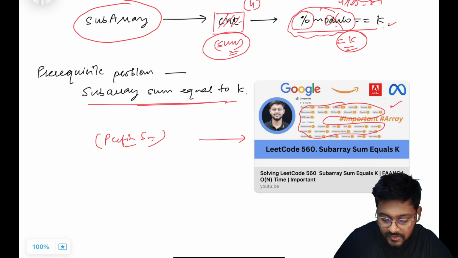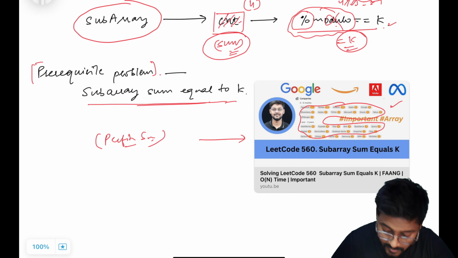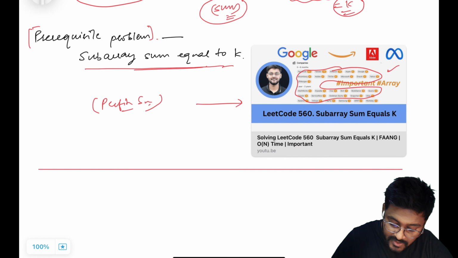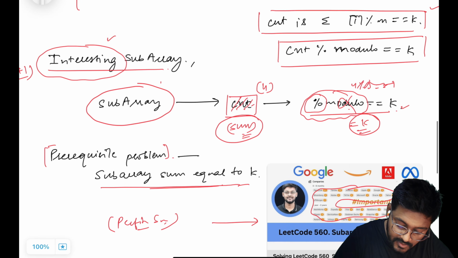I'm going to attach the link in the description below, and consider it a prerequisite problem to this. Now I assume that you have some basic understanding of prefix sum. Here what we need to know is the subarray whose count value follows this condition, taking modulus with modulo, is equal to k.